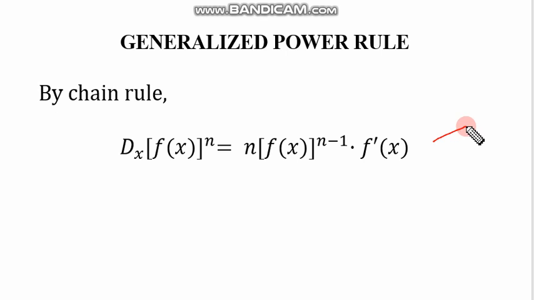That's the generalized power rule. If our exponent or power is separated by a bracket or parenthesis, we can apply the generalized power rule to get the derivative of the function.